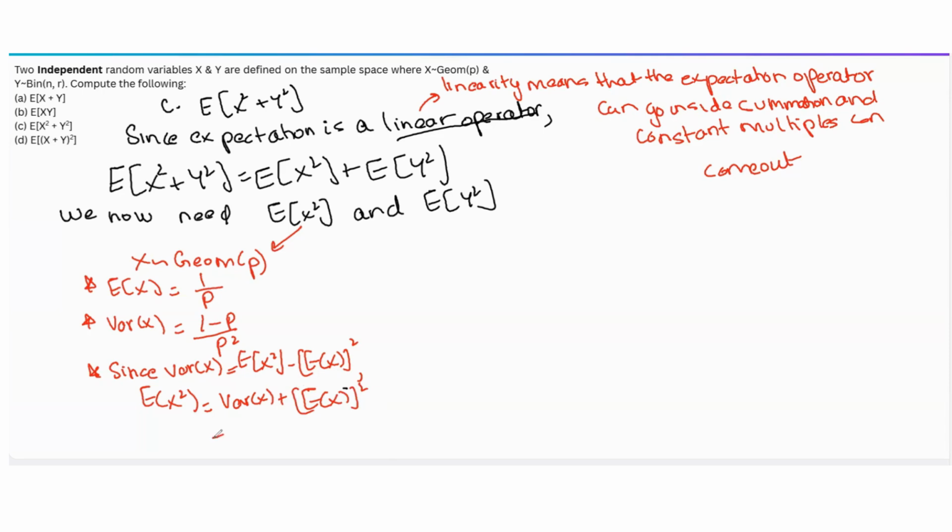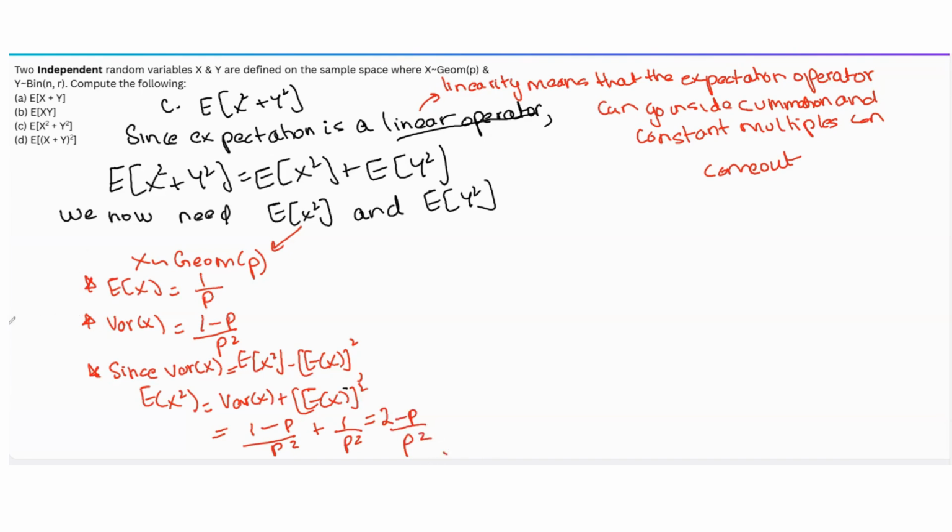In this case, that is 1 minus p divided by p square, which is the variance of x, plus the expected value of x whole square, which is 1 by p square. If we simplify this, it turns out to be 2 minus p by p square.